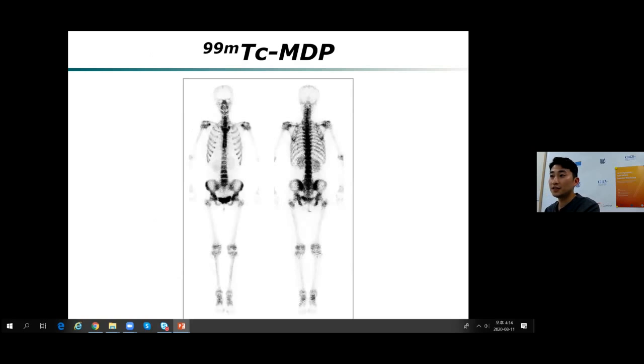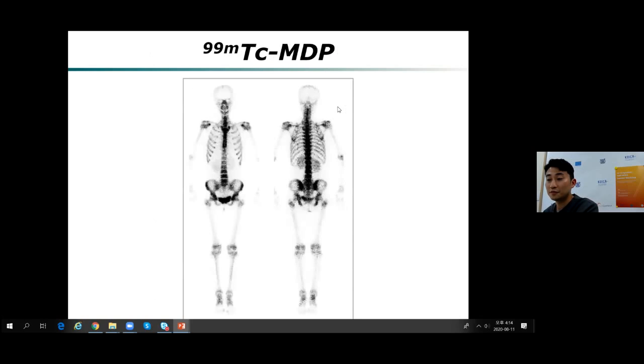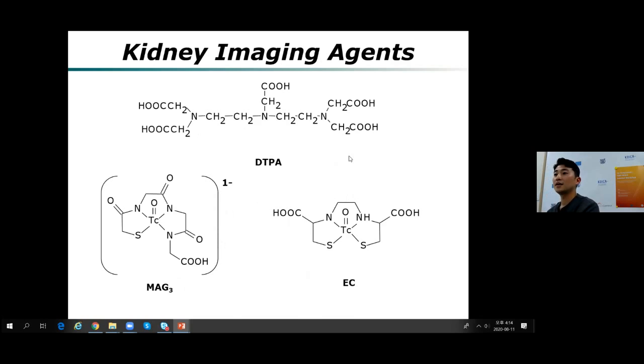Using methylene diphosphonate, after technetium labeling, we can take SPECT images, bone imaging. Another application of these technetium radioisotopes is as a kidney imaging agent.